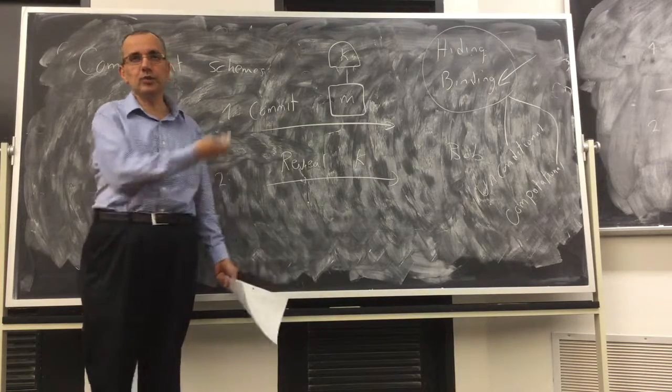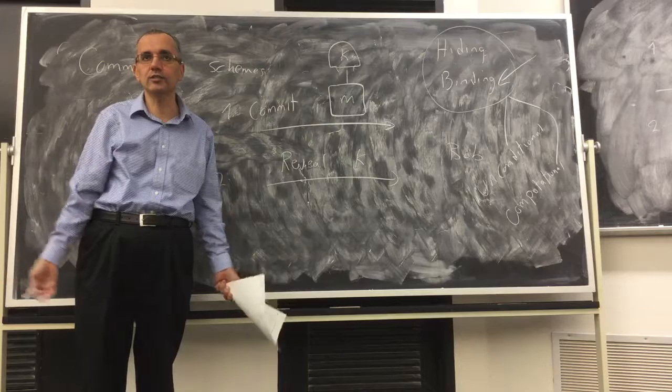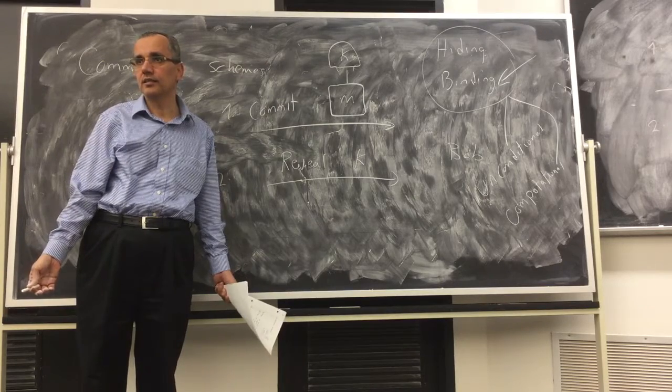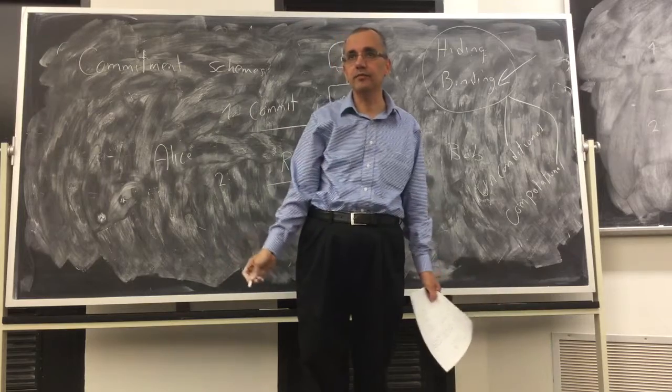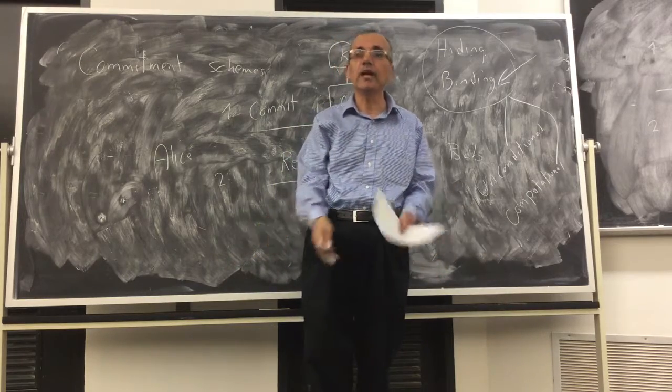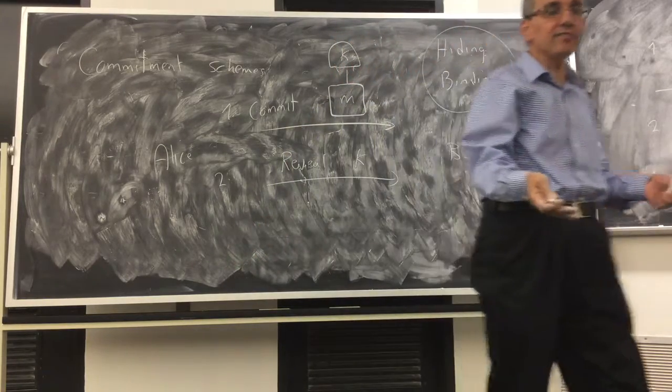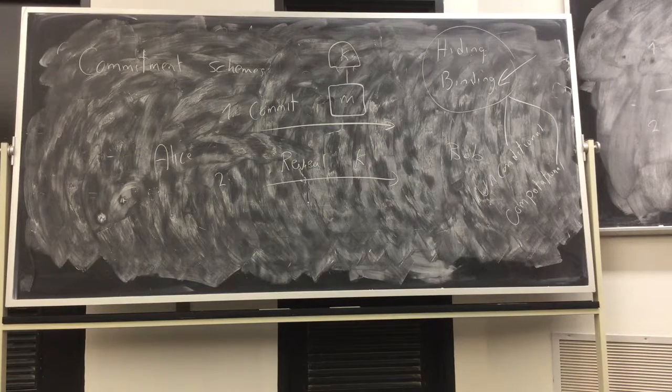Ideally, which commitment scheme would you like to use? Unconditionally hiding and unconditionally binding at the same time. This is the ideal one. We have a very simple proof that you cannot have a commitment scheme that satisfies both at the same time. If you satisfy one in the unconditional sense, the best you can hope for the other is to satisfy it in the computational sense.